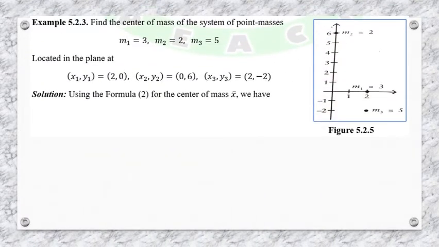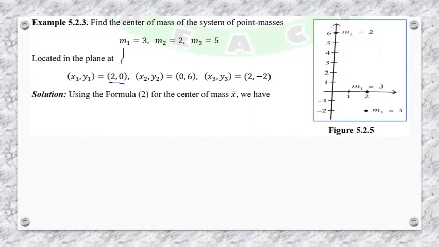For example, find the center of mass of the system of point masses m sub 1 equals 3, m sub 2 equals 2, and m sub 3 equals 5. So kung gagraph, ipa-plot natin to sa xy plane natin. Located in the plane at x sub 1 and y sub 1, first point.